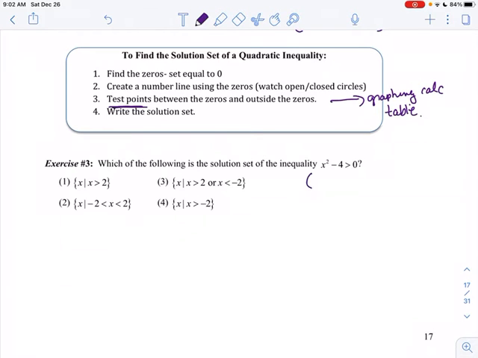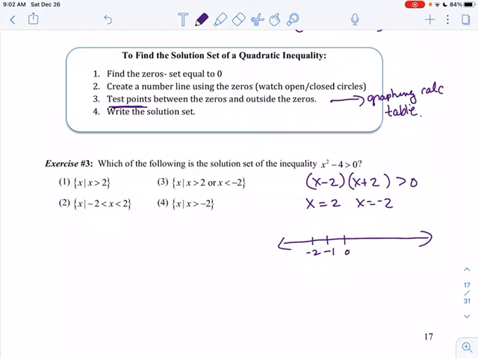Anyway, so how do I do this? This is in standard form, so I'm going to factor it. This is the difference of two perfect squares, so I get x minus 2, x plus 2. Okay, I set each factor equal to 0. So basically, if you're looking at a number line, my solutions are at -2 and 2.